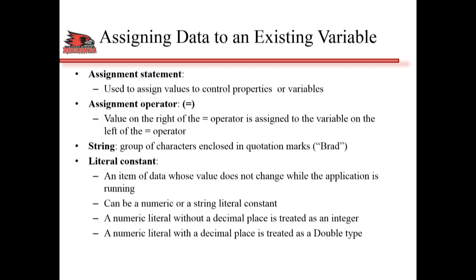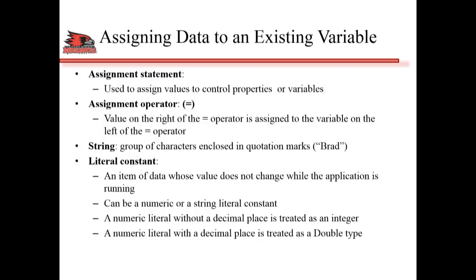Now, assigning data to an existing variable. We already talked about it: we can do that right at the beginning or somewhere in the code. To assign a value to a variable, we need the name, followed by the assignment operator, which is just a fancy name for equals, and then what our value would be.